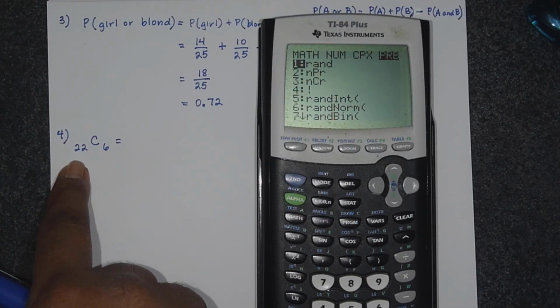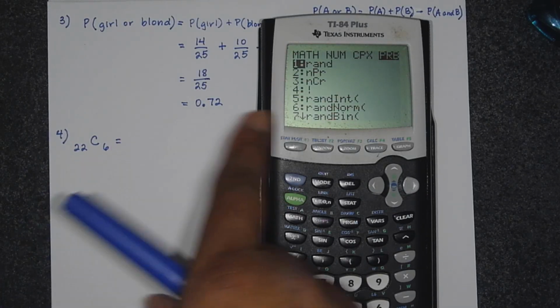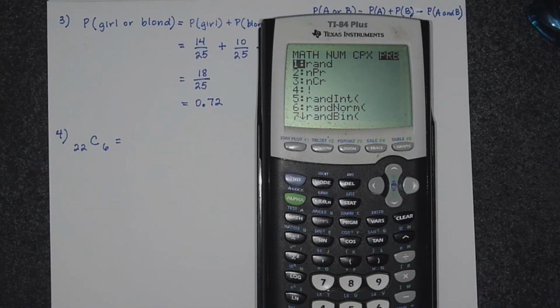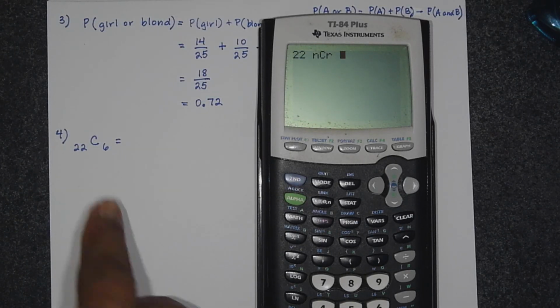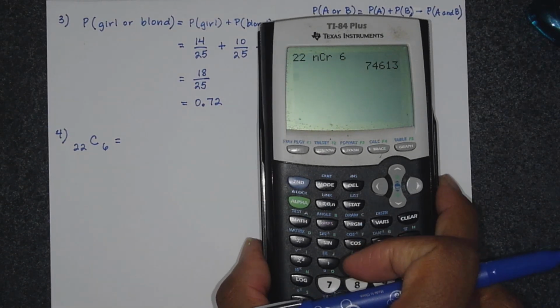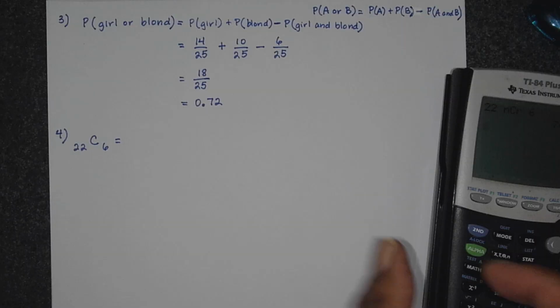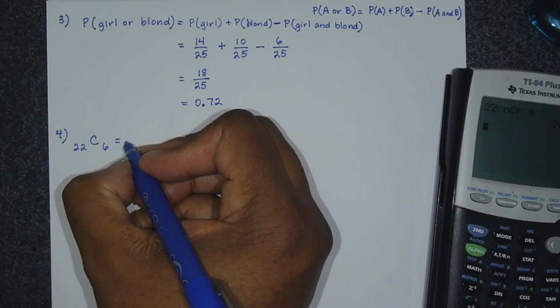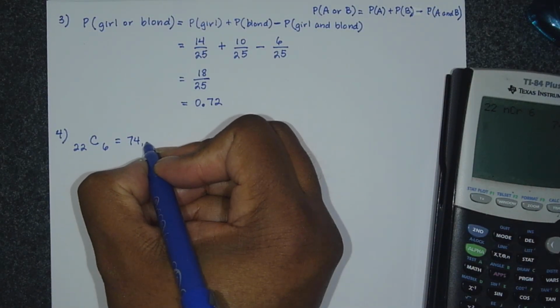So make sure you enter the number on the left side of the C in first, and then math, PRB, nCr, number 3. And then enter your second number behind it. That's the 6. And then hit enter. So nCr, the number is 74,613.